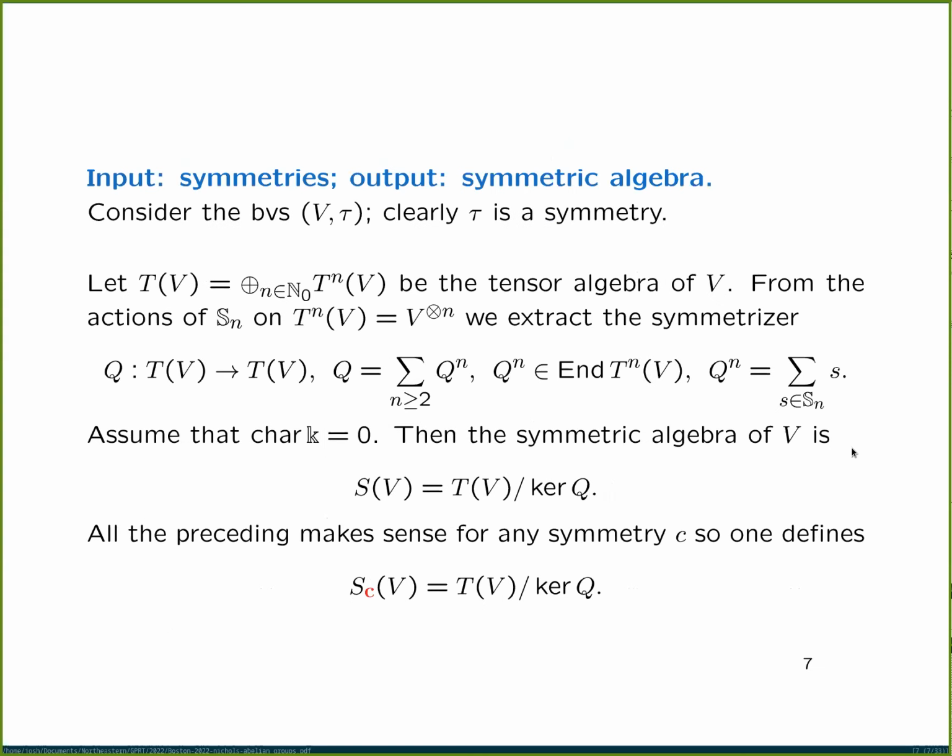Now let's recall what the symmetric algebra is. The input is now the symmetries. Let me remind you very quickly: you have V and the transposition tau, which is the usual flip. You consider the tensor algebra of V. Then there is an action of the symmetric group on T^n(V), which is V tensor n, given by the formula I gave before, and this is the usual action that we know from undergraduate.